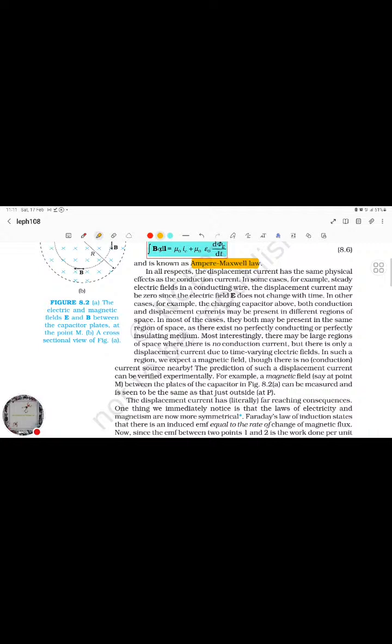So if charge is varying, then obviously the electric field will be varying, which means that it will induce a certain amount of displacement current as well. So the displacement current is present, which has the same amount of significance.